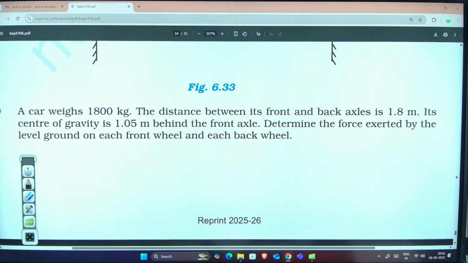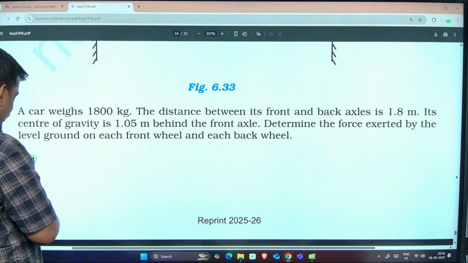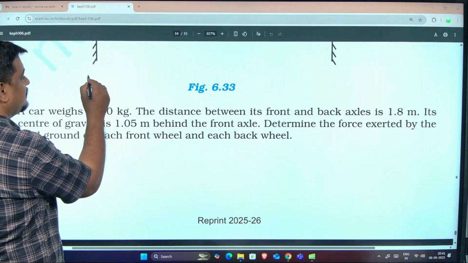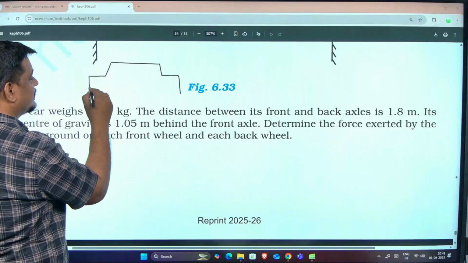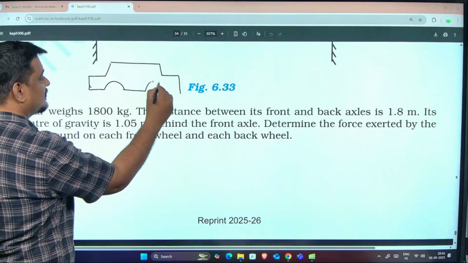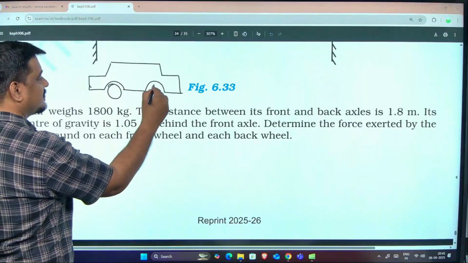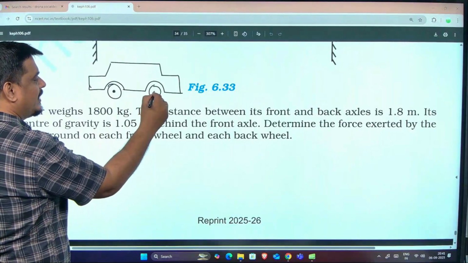Axle means where the tires are there, no? That is called an axle. From the front tire, 1.8, to the back tire. I will draw it for you, man. From here to here.